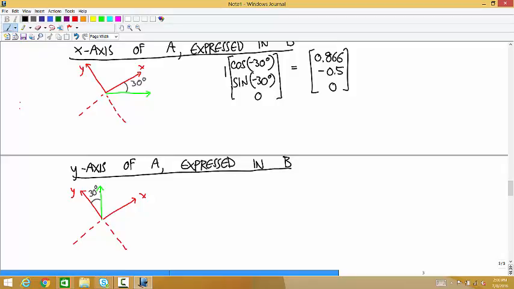That green vector in this coordinate system, from the positive x-axis, you have to go positive 60 degrees to get to that vector. So you have a unit vector length of 1 times cosine of 60, sine of 60, 0, and that's equal to 0.5, 0.866, 0.